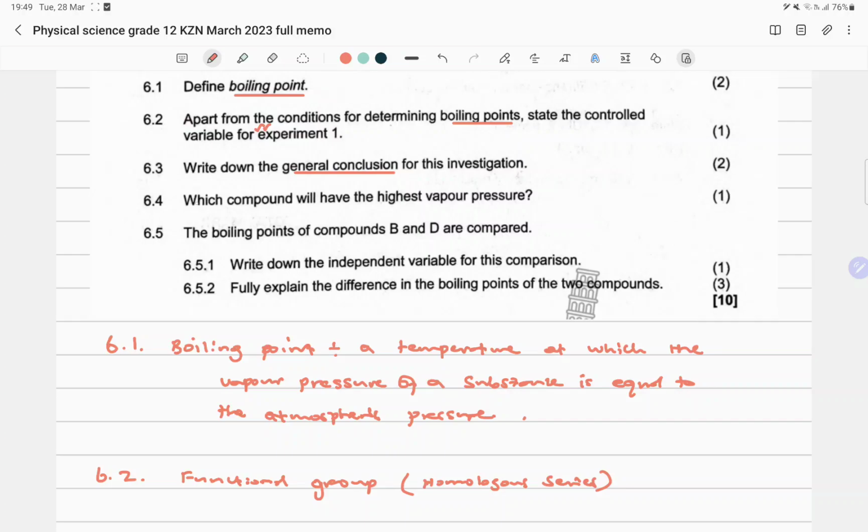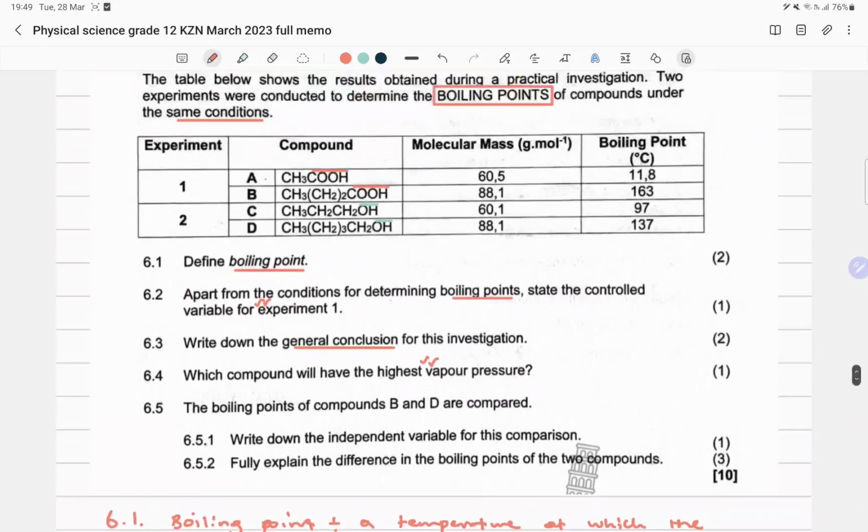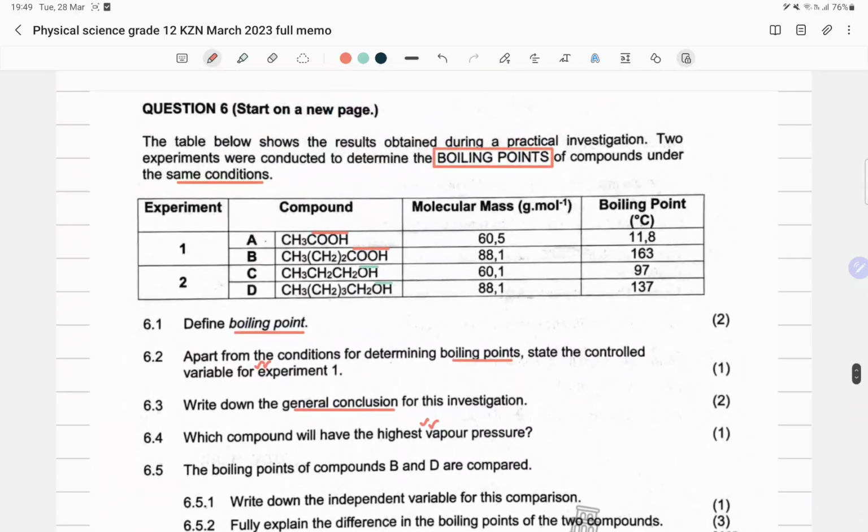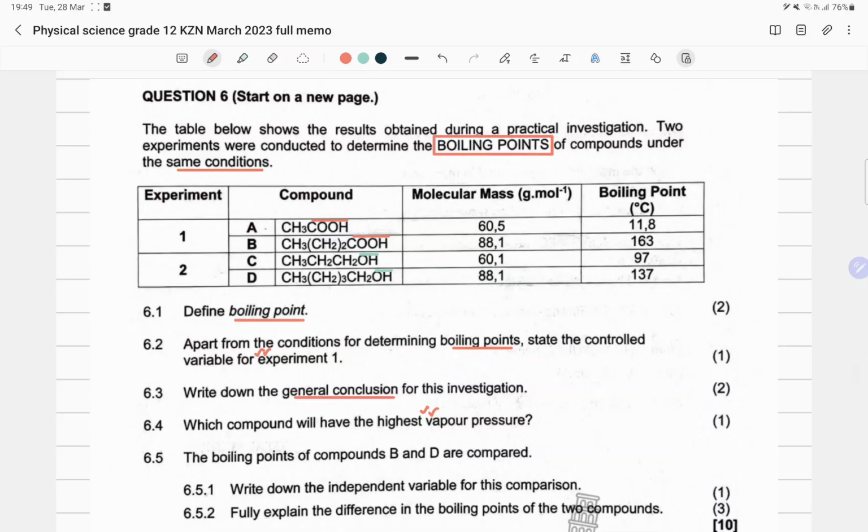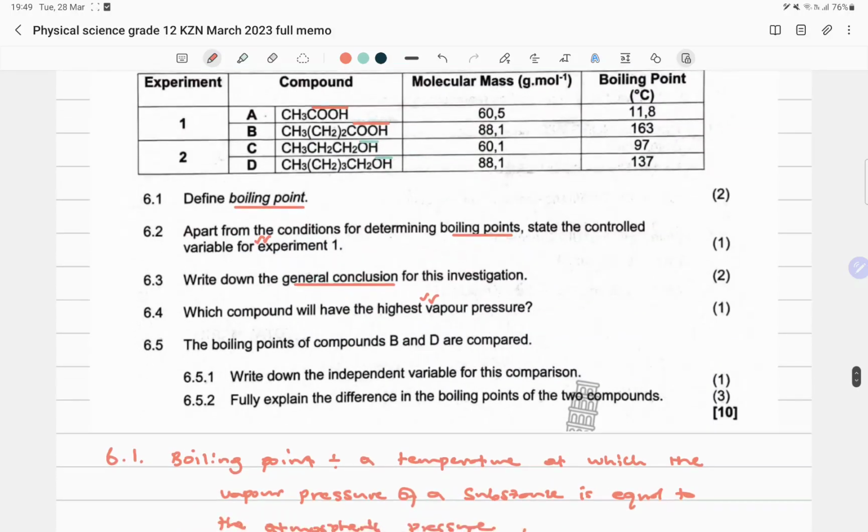Anyway, it says now, which compound will have the highest vapor pressure? Now, we're looking at these ones in general. The one with the highest vapor pressure must essentially have the least boiling point, and that becomes compound A. Okay, because you see the boiling point is less, so it means for a particular temperature that is closer to and above that boiling point, it will essentially have a higher vapor pressure.